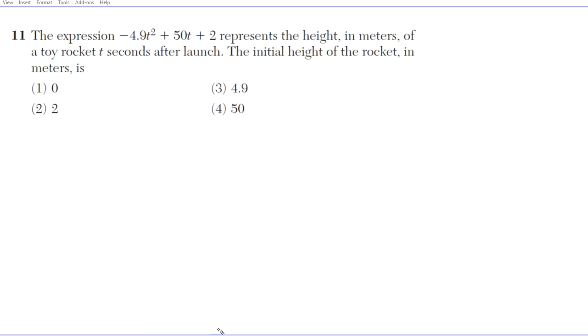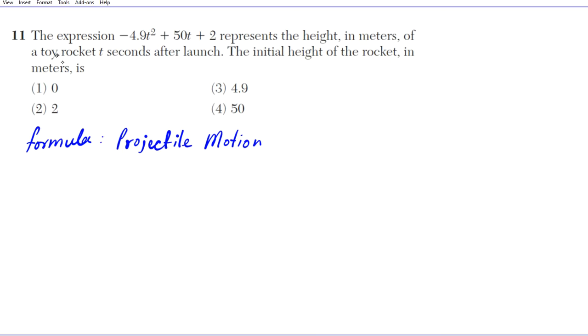So before we get started with the problem, let's go ahead and write down the formula that helps us determine the different components of a projectile motion equation. Okay? So formula for projectile motion. Projectile motion is basically a motion of an object that's thrown or launched into the air somewhere on the earth.